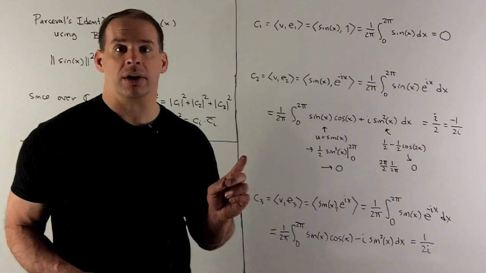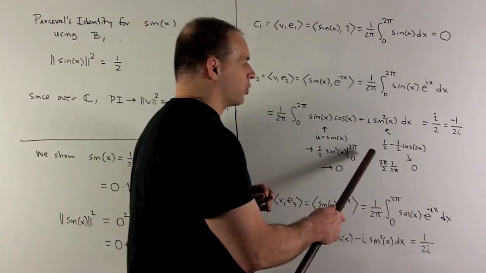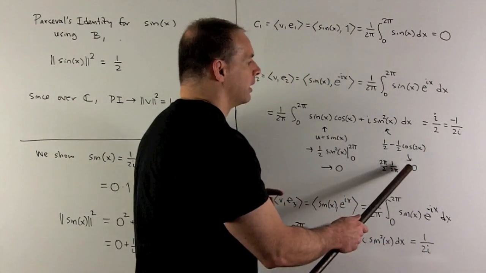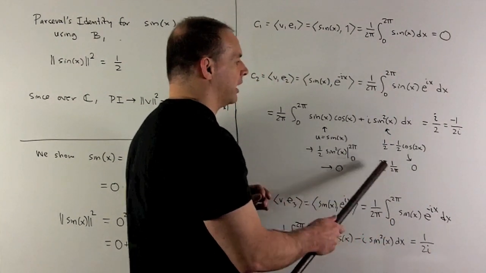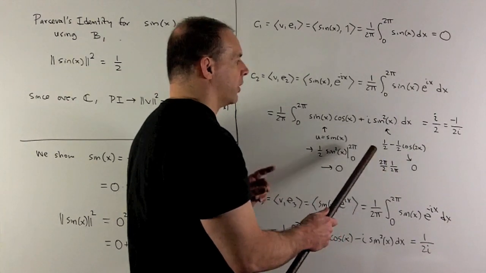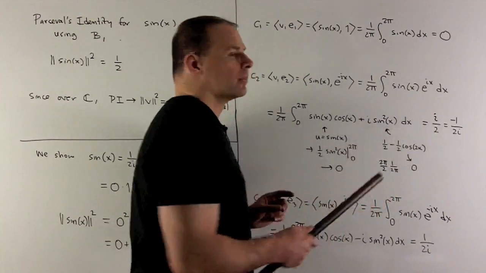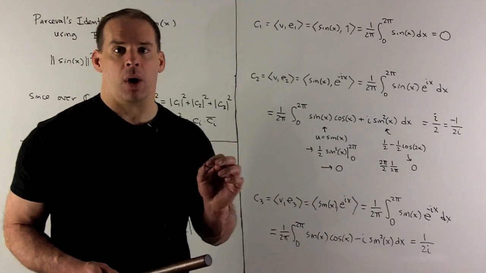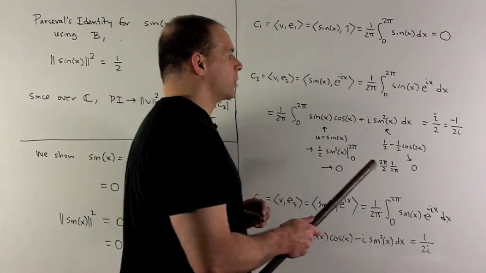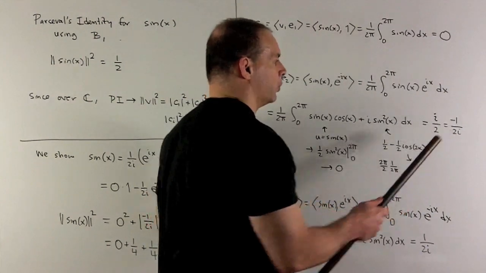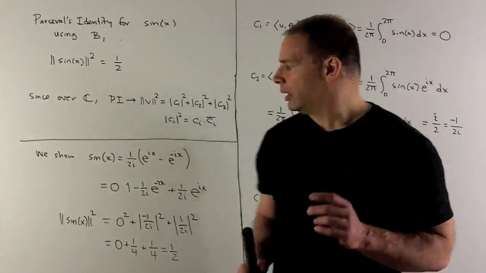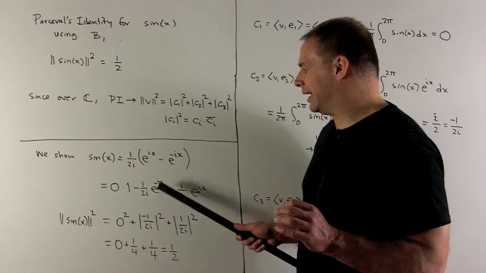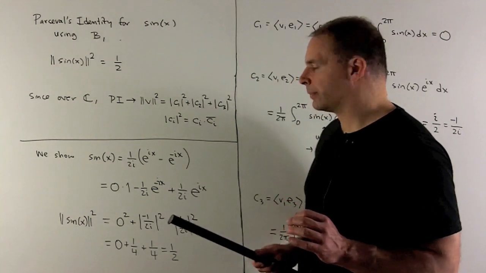Isolate the sine squared. Then when we take the integral of this, what happens? This piece is going to go to 0. And then out of this piece, we're going to get a 1/2. So I'm going to have i over 2. Well, to move i to the denominator, the penalty is a minus 1. So C2 is going to be equal to minus 1 over 2i. Note, that agrees with our linear combination. So it's a coefficient of e to the minus ix.